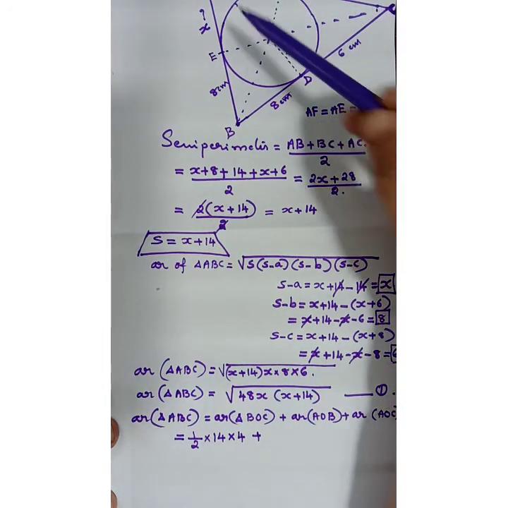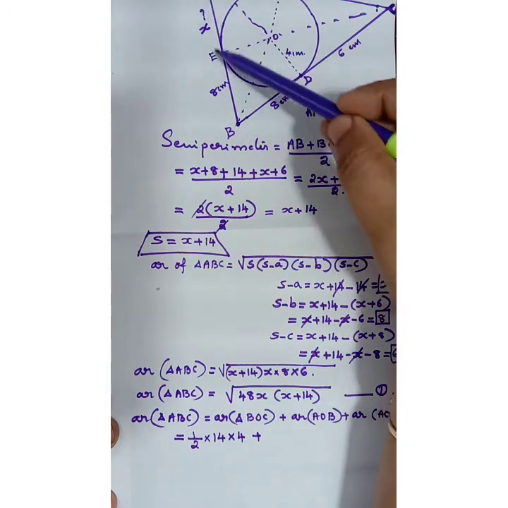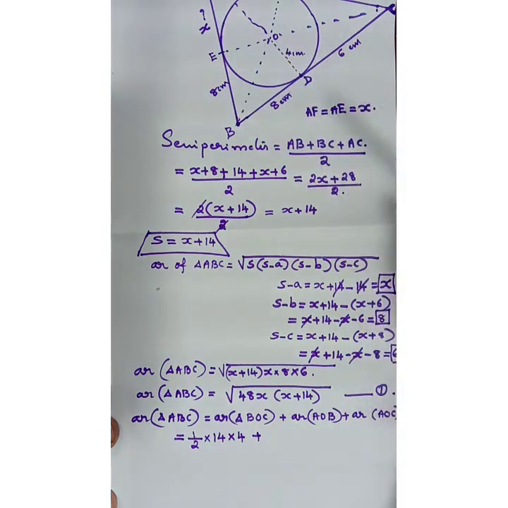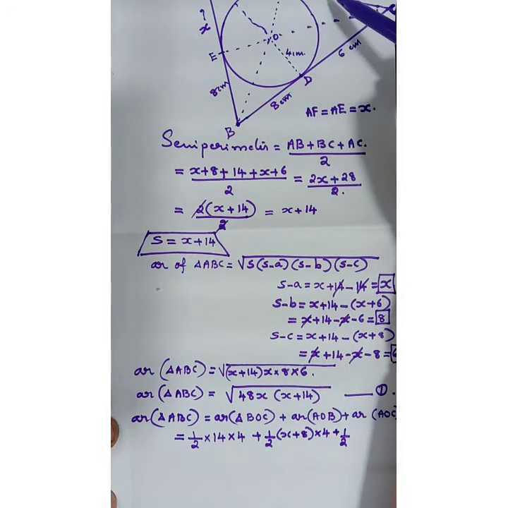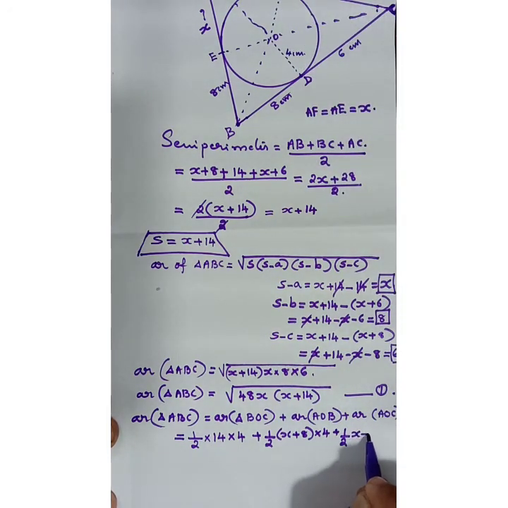AOB has base x plus 8, height 4. Half into x plus 8 into 4, plus half into, for AOC, base is x plus 6 and height is the radius.